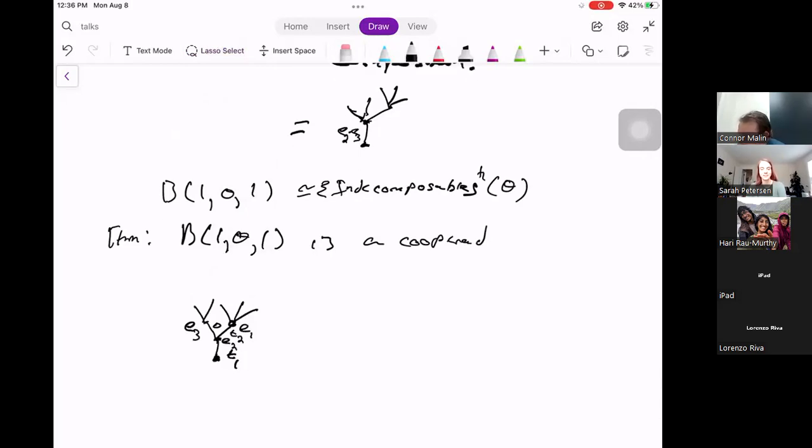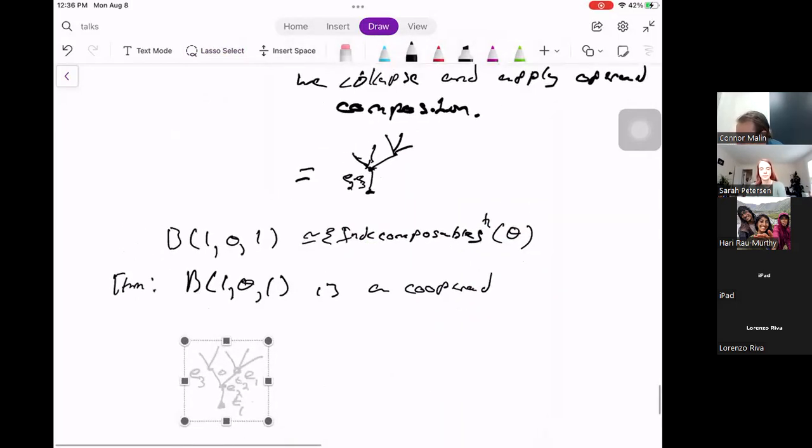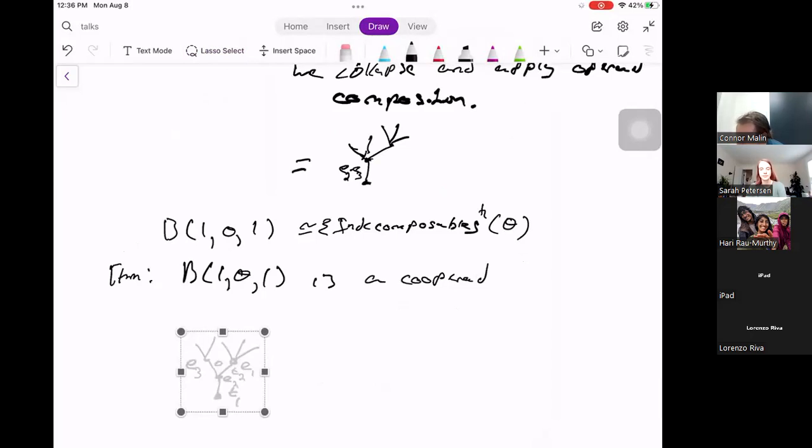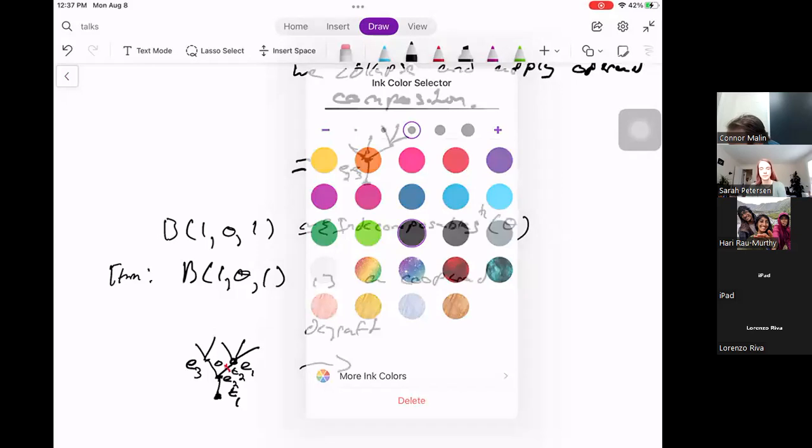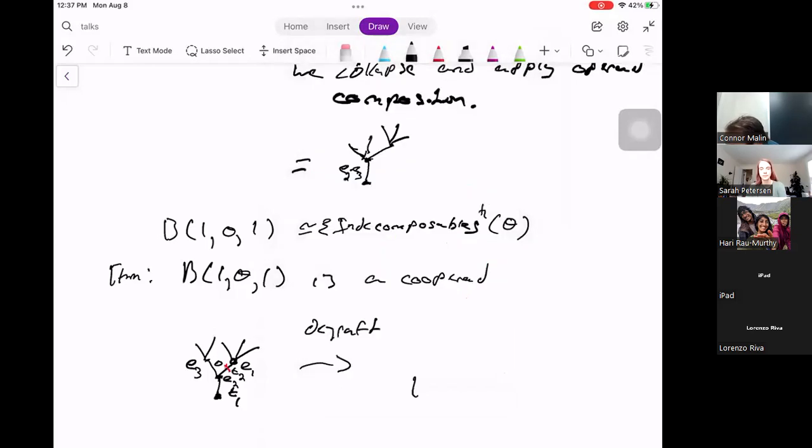So this is a co-operad. It's hard to do this without giving names to everything. So this will degraft. If I pick an edge, I'll slice here. If I degraft, this will give me trees as follows.